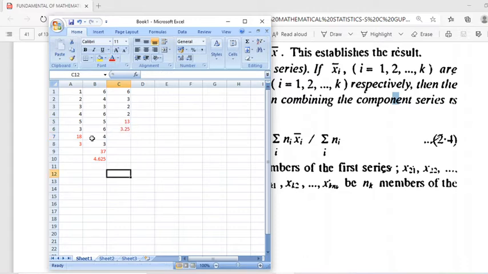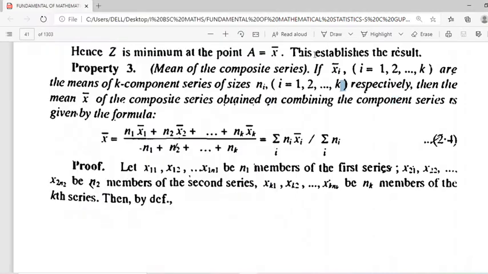So here we have three series of observations, and each has a mean. First series has mean 3, second series has mean 4.625, third series has mean 3.25. So like this we can find the mean of each series.